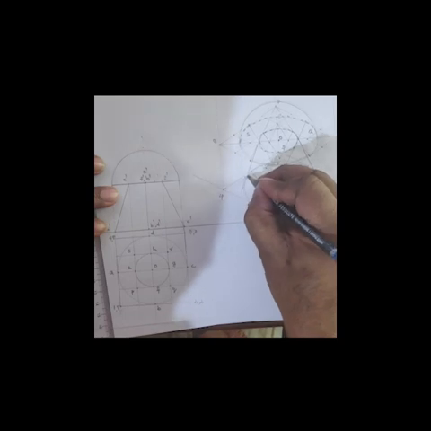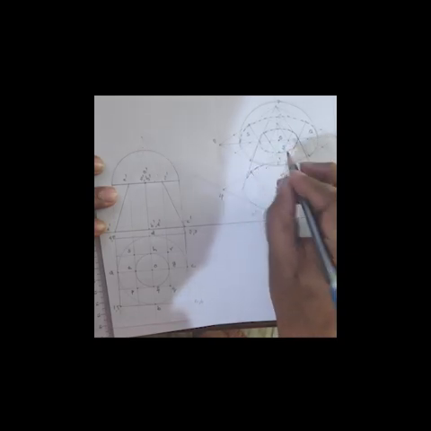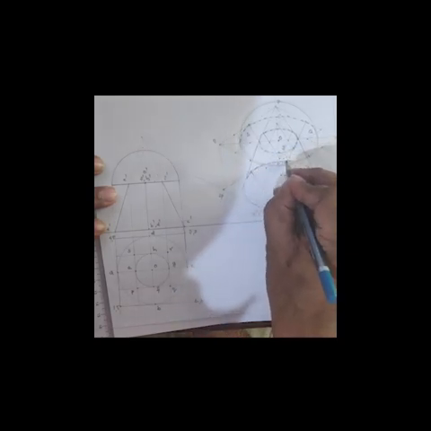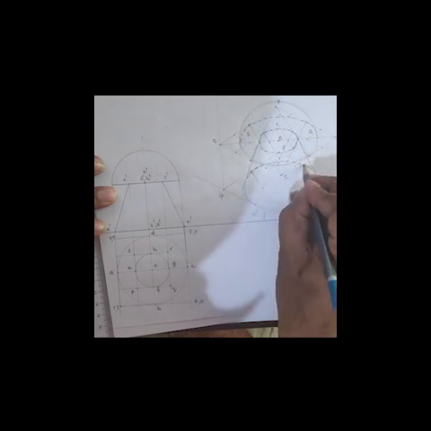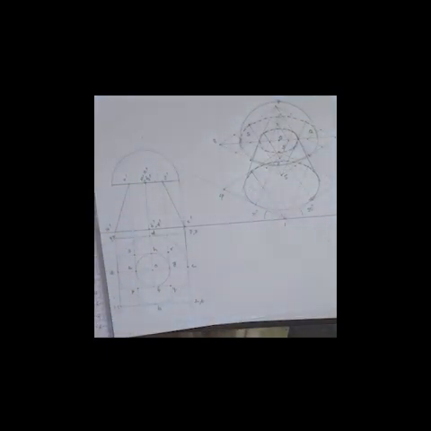And here also we have a hidden portion. Like this. And that completes the third problem from isometric projections.